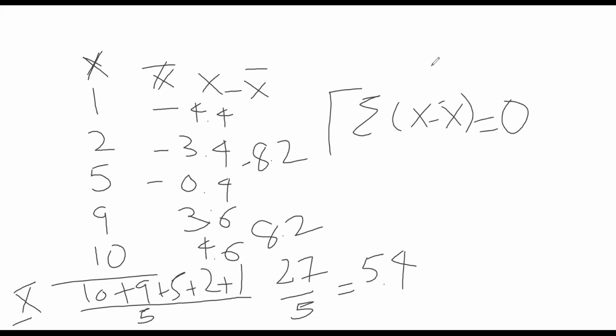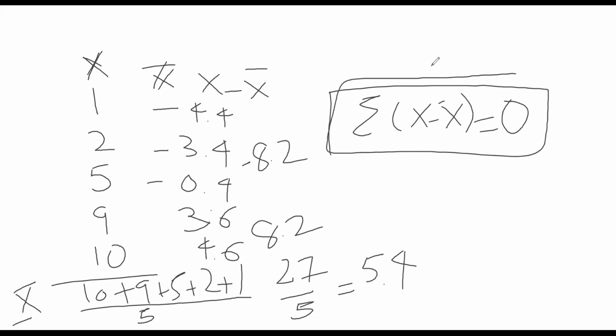It will always come out to be 0. So if we take sigma of x minus x bar in our formula, that will definitely be 0, and our standard deviation would come out to be 0.